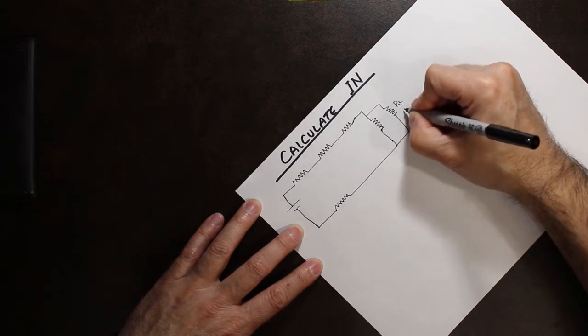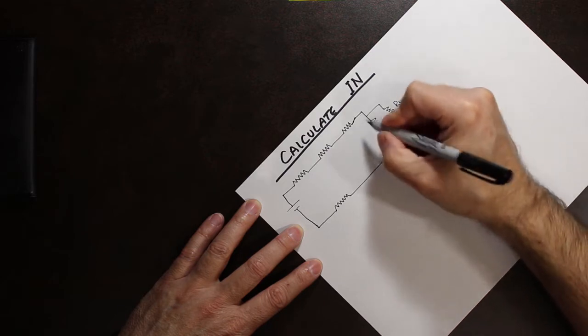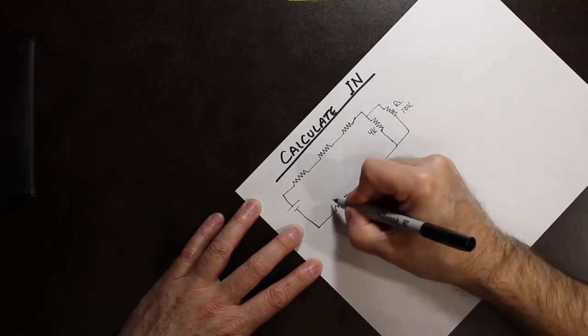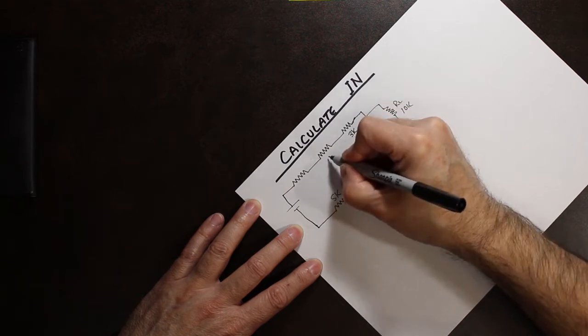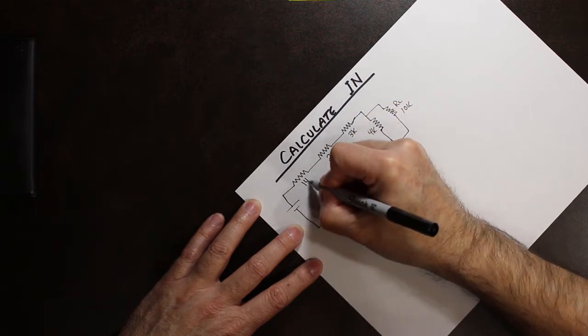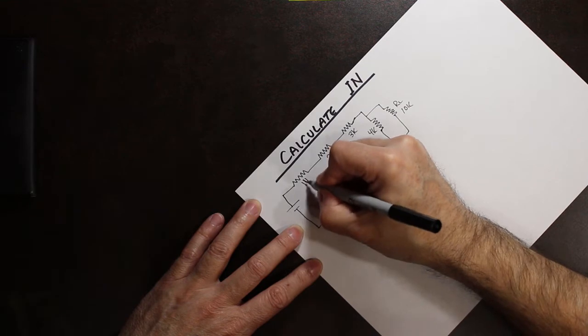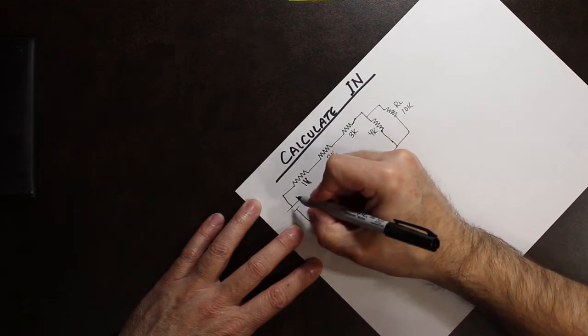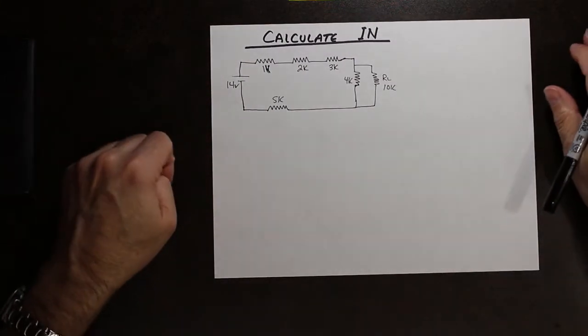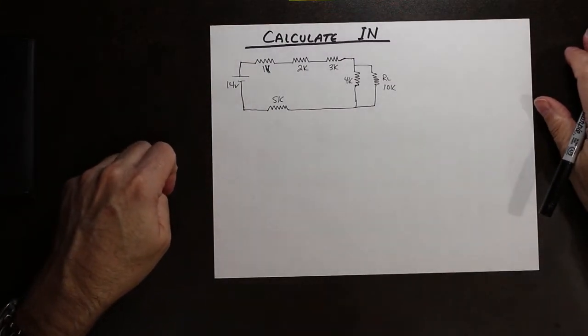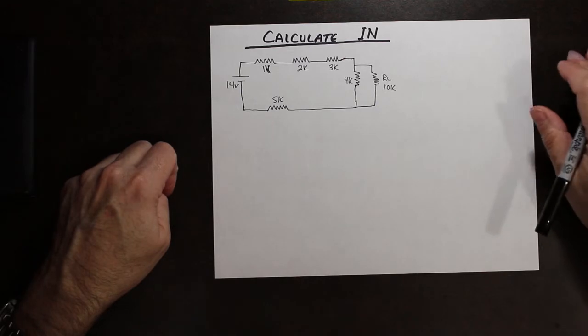So here we go. This is RL at 10K. We got 4K, 5K, 3K, 2K, 1K, and we have 14 volts. There we go. Now, we're going to calculate Norton's current.